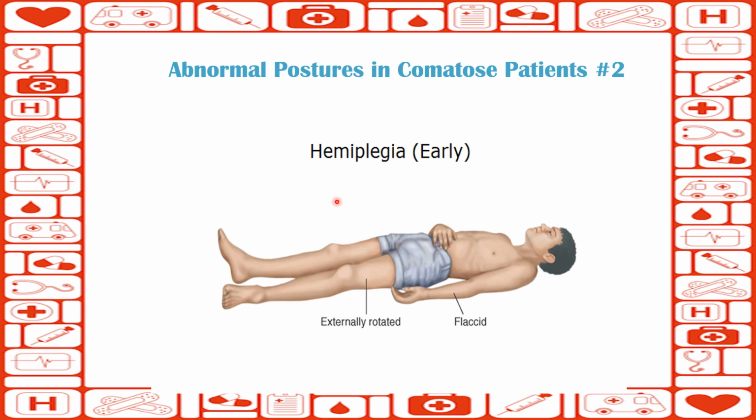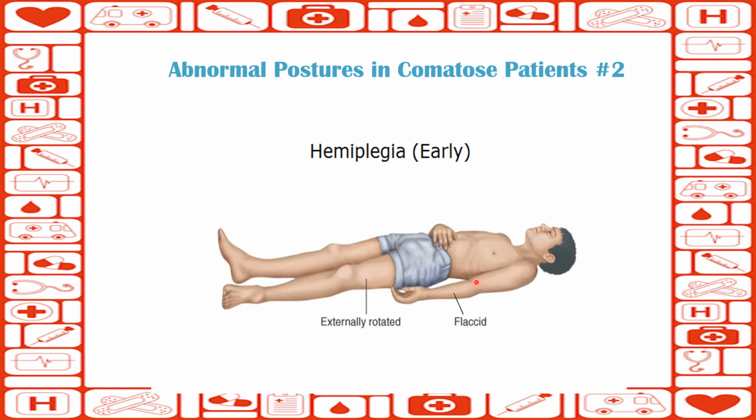So, another abnormal posture in comatose patients is what we call hemiplegia, or early hemiplegia, wherein a sudden unilateral brain damage involving the corticospinal tract may produce a hemiplegia or one-sided paralysis, which early in its course is flaccid. Spasticity will develop later. The paralyzed arm and leg are slack.